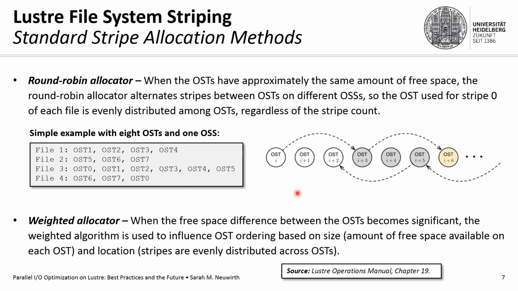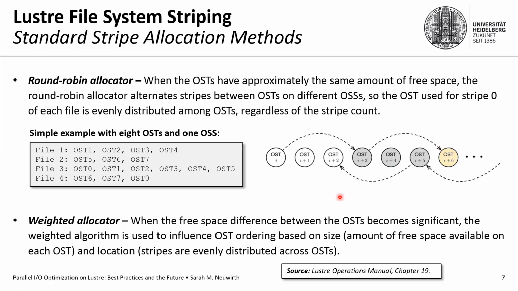Or to provide a more generic approach to this algorithm, in this example, you can see basically highlighted by the colors 3 different storage servers, each with 3 storage targets. And you can see the arrows indicate how the round-robin allocator would alternate between the storage targets, then allocating the stripes on the actual storage devices.